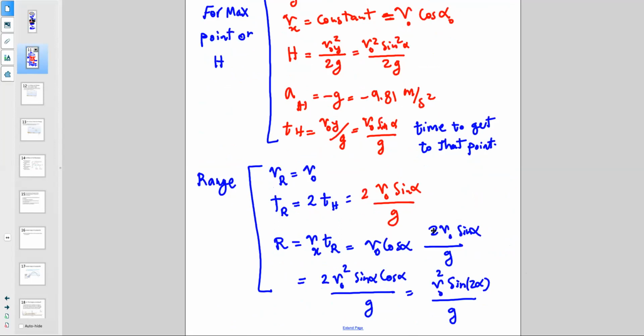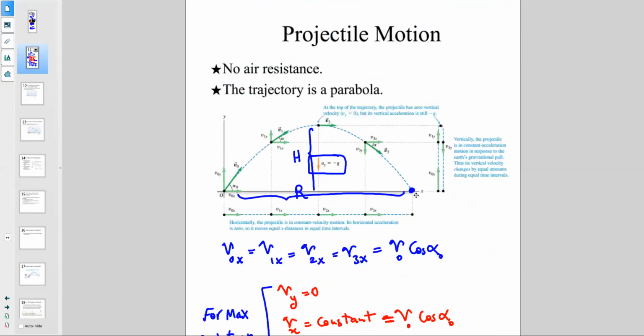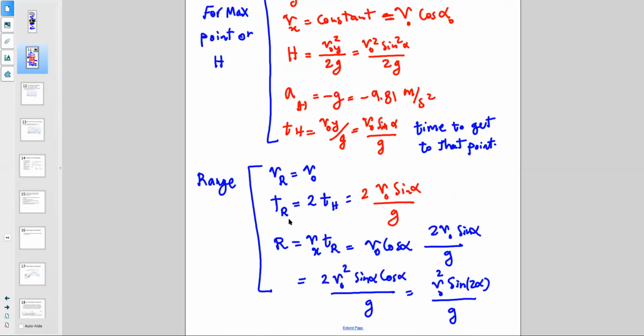And for the range, which is at the opposite side of the launch point, we have t of r. The time to get to that point is double t of h, which is 2 times the initial velocity sine of alpha over g.